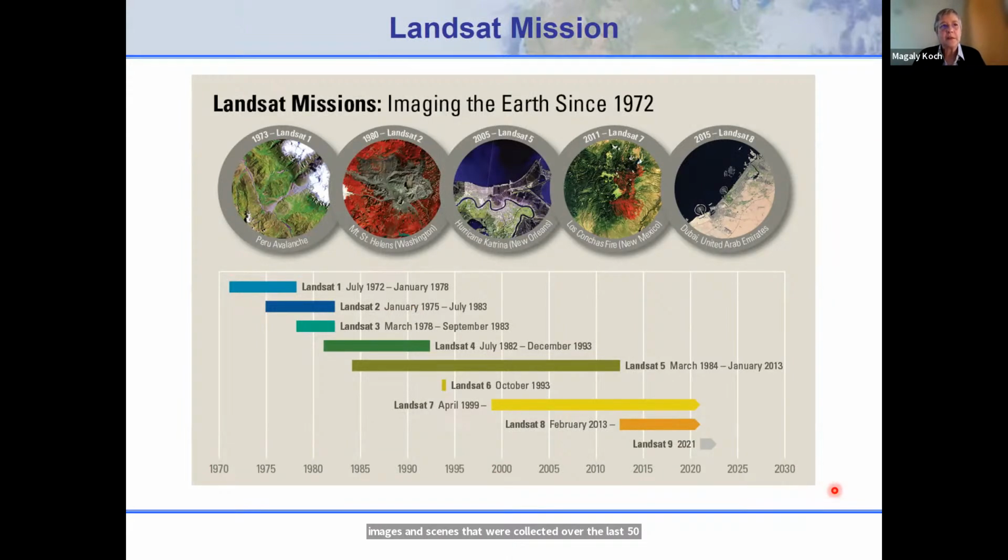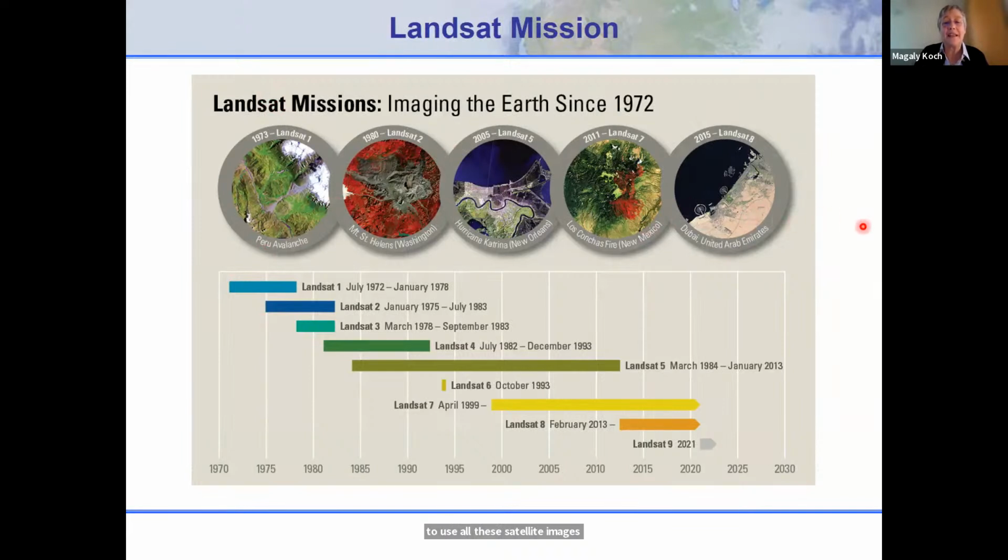Now there's an important effort to reanalyze, reprocess older images with new algorithms, algorithms that we have access to nowadays, and to extract maybe information from the older satellite data that was not possible 30, 40, or 50 years ago, but now it's becoming possible.